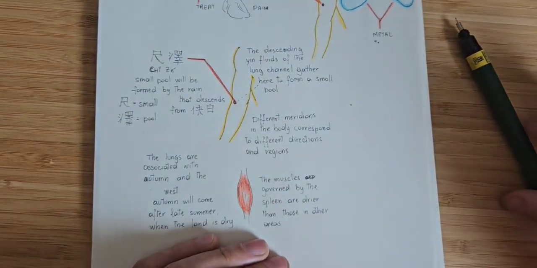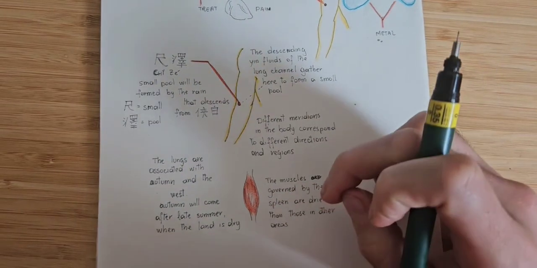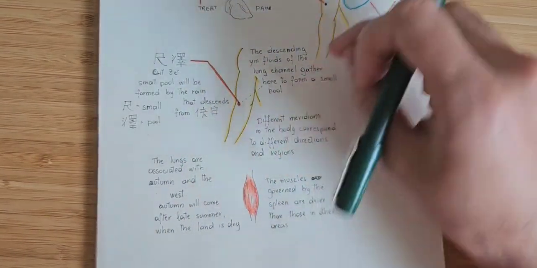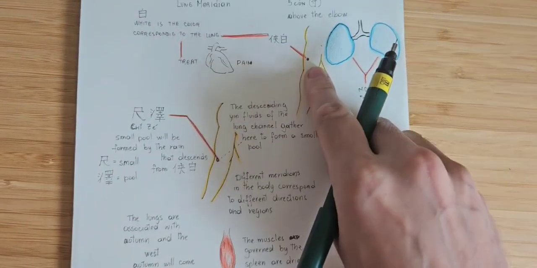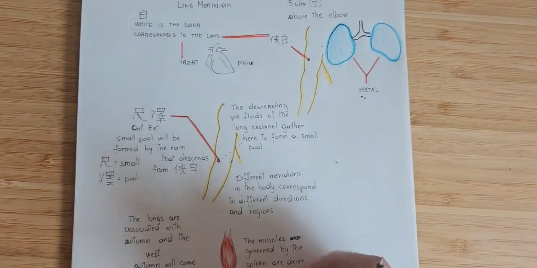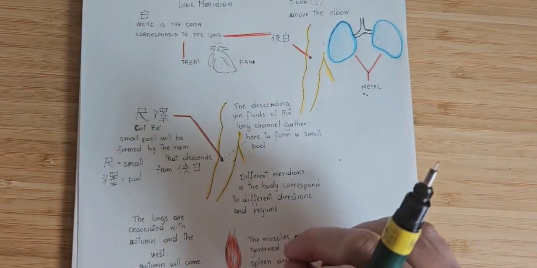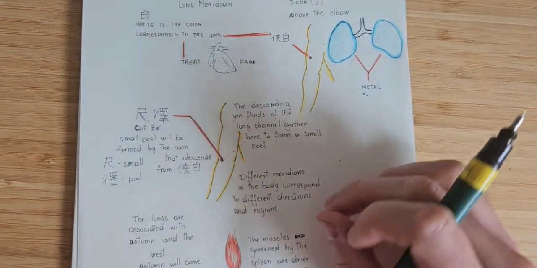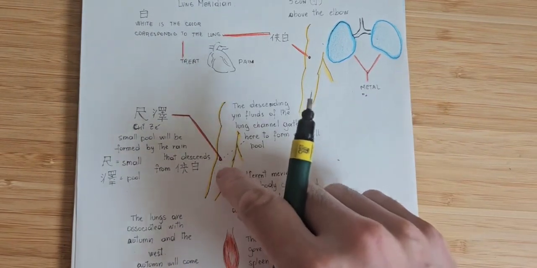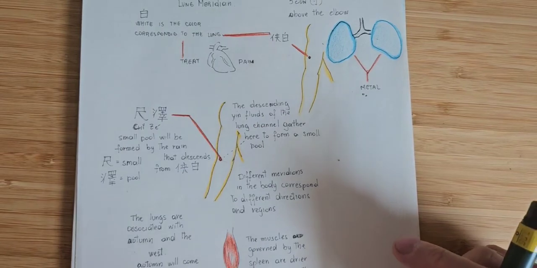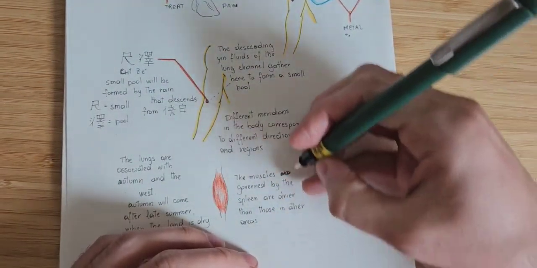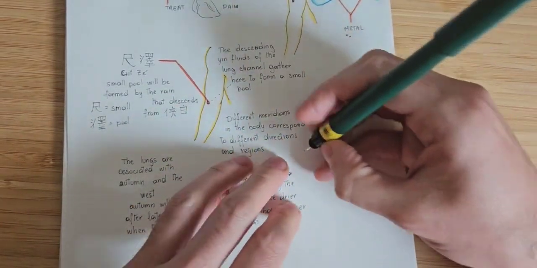Okay. And most of the rain from Xiabai, this point right here, will be absorbed by the spleen's earth energy. So only a small pool will form at this location. Now let me write down this.